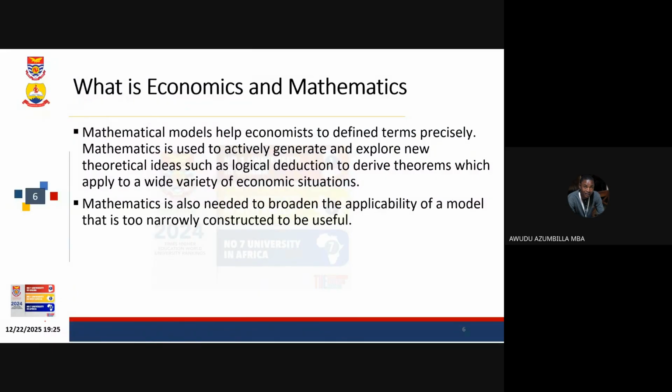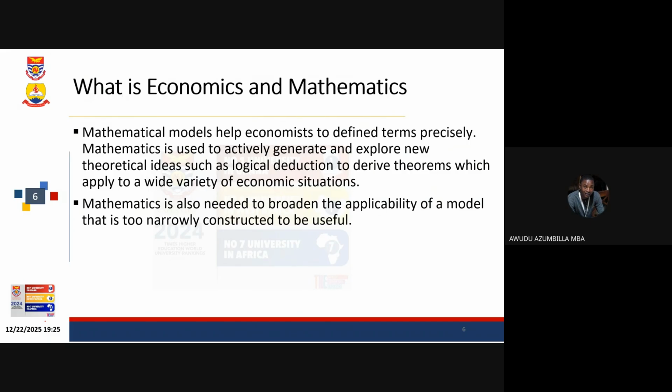Now, it also makes us define terms precisely and concisely. Instead of generating a lot of theoretical ideas, mathematics gives us logical deduction from the theories. You have a complex theory and find it difficult to explain it, but when we use the concept of mathematics, we are able to model it out and come out with logical reasoning on these complex theories.